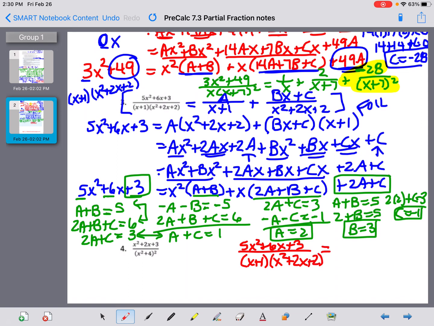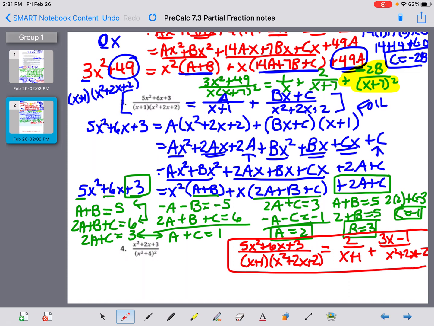It was with a fraction of 2 over the x plus 1 plus my b has a 3. So 3x, that x is part of it, plus, or actually it's not plus c, it's going to be -1 because c is negative, all over my x squared plus 2x plus 2. Okay? So there's my decomposed fraction. It broke it down into there. And notice I have that linear on top of that quadratic, okay?